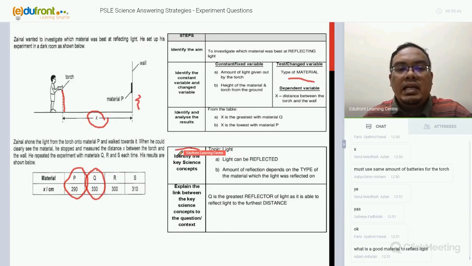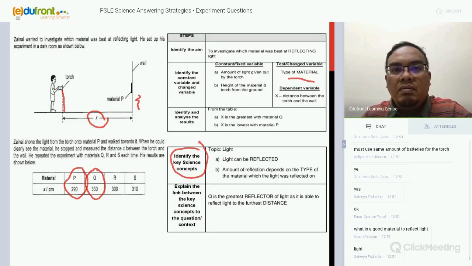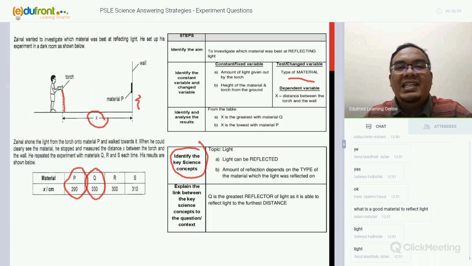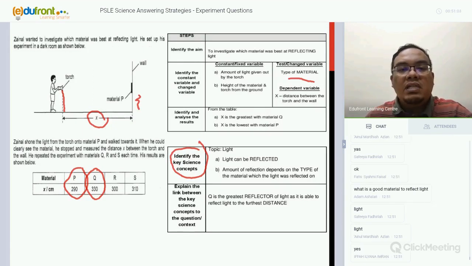Once you identify the result, identify the key science concept. What concepts, what topic are they testing? You can see that this is under the topic of light. Let's recall, under the topic of light, one of the important concepts that you learn is that light travels in a straight line, right? And another important concept is that light can be reflected. So here, they're testing you about the concept of light can be reflected.